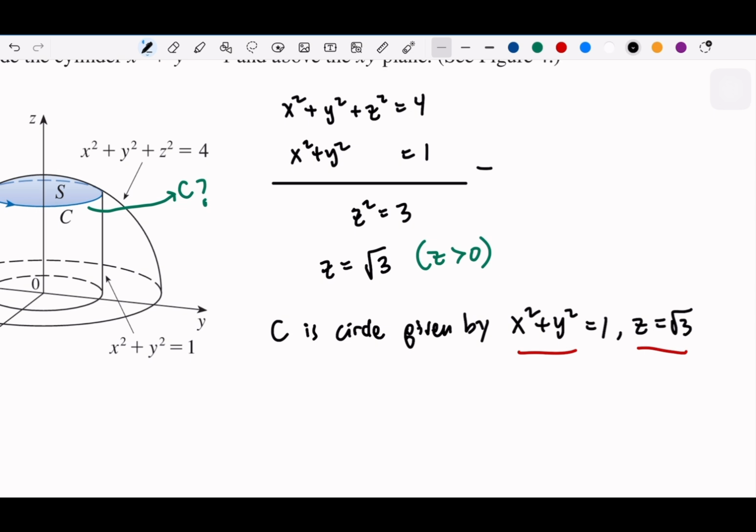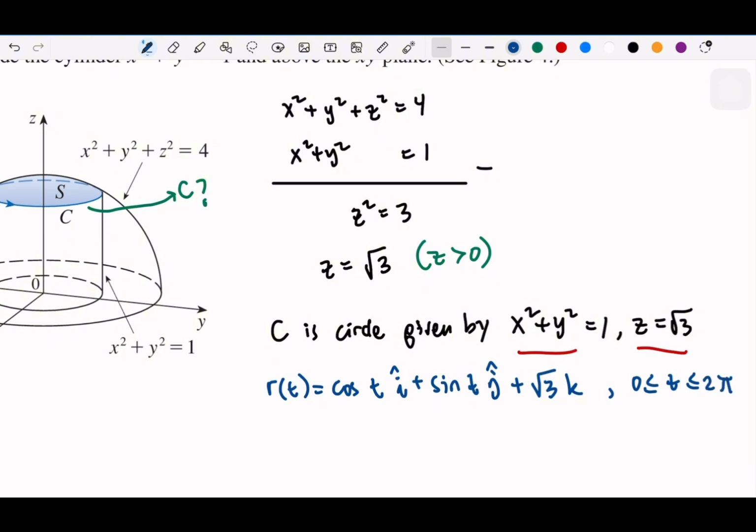So perhaps if r is in terms of x, y, z, I will write it in parameter t: cosine t i plus sine t j, plus the k component taking the z. So we're converting this to a parameter, and this will go from 0 to 2 pi.